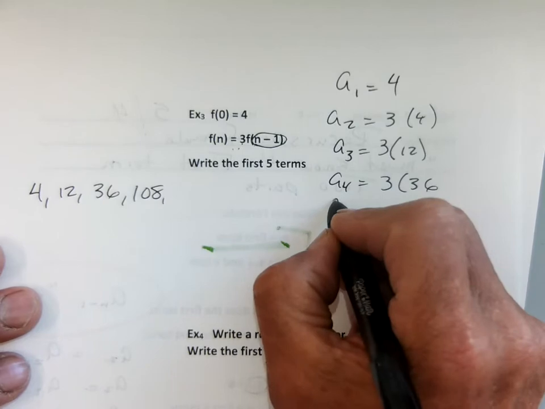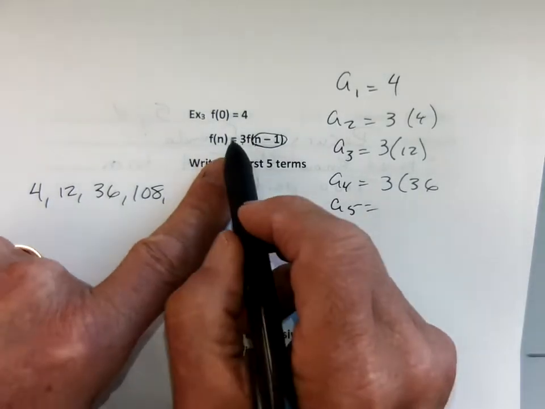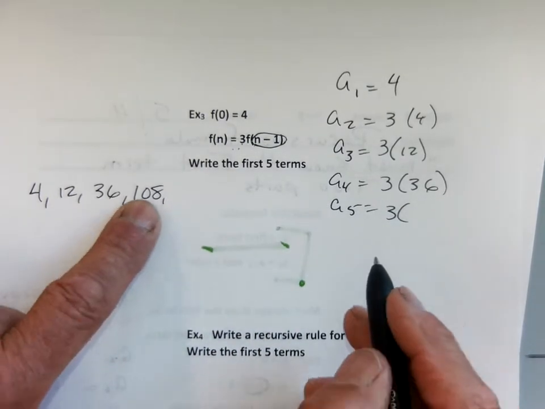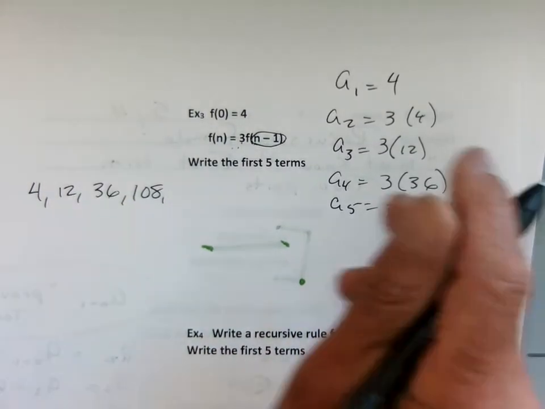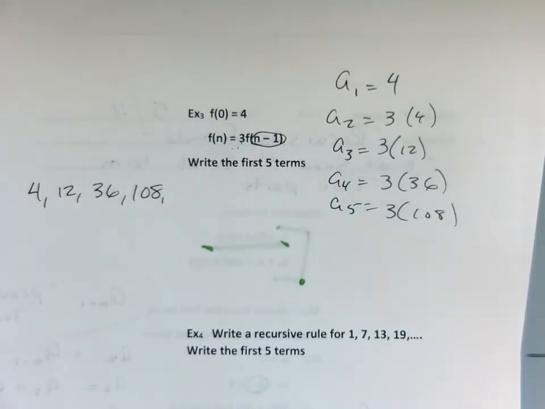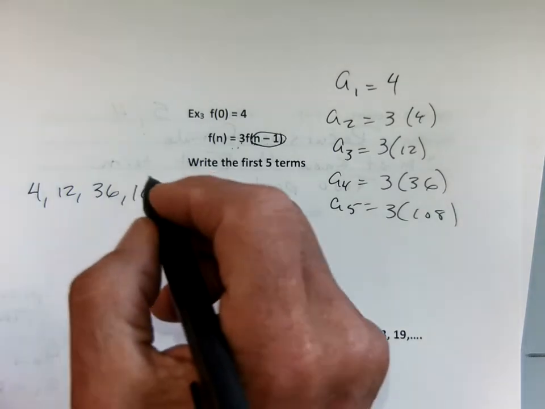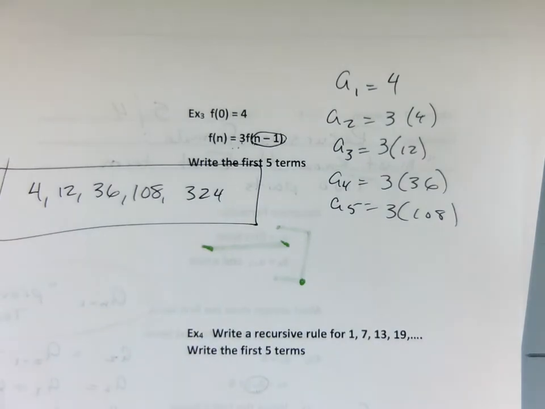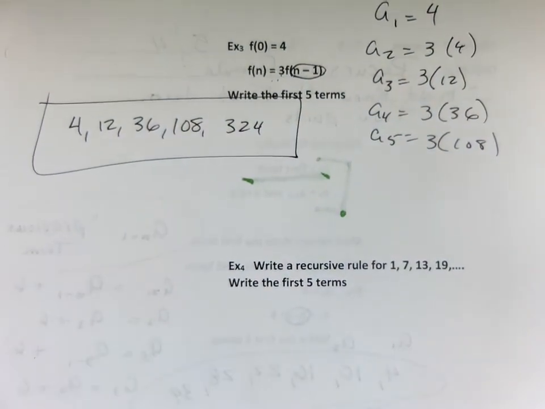Okay. A5, plug it into the formula, I'm going to go 3 times my previous term, which is my 108. And I get an answer of 324. Okay. How am I doing? Some kids really like this one better because it does exactly what it says.